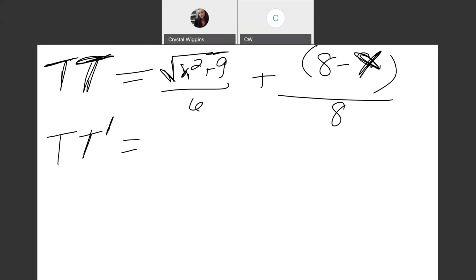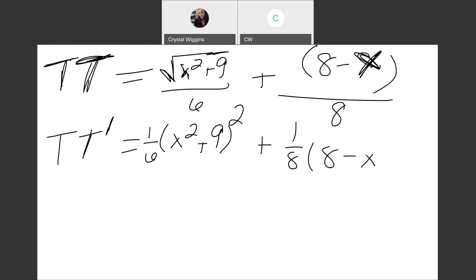We need to rewrite the square root in exponential form because we can't take derivatives with square roots. I can also rewrite this divided by 6 as a 1/6 in front, which I think is going to be helpful when we're doing the chain rule. Same thing here: I'm going to rewrite the divided by 8 as a 1/8 in front to help with our math.